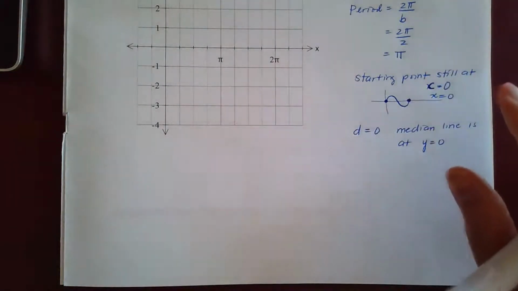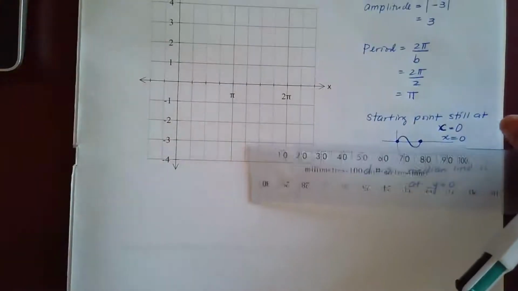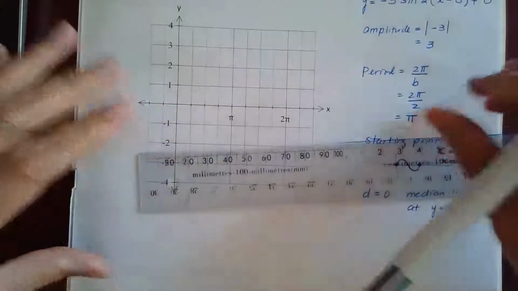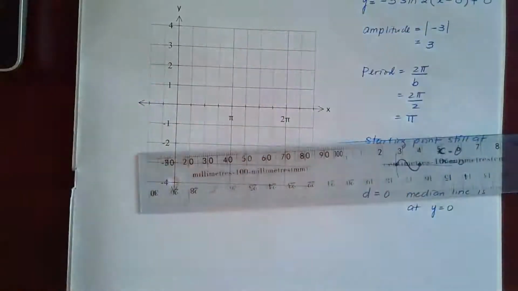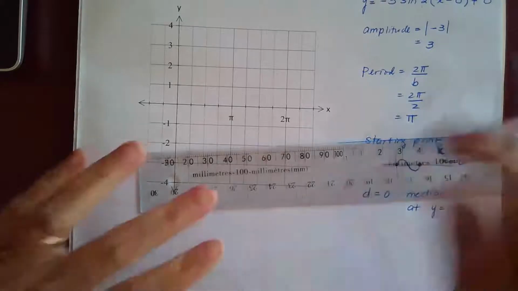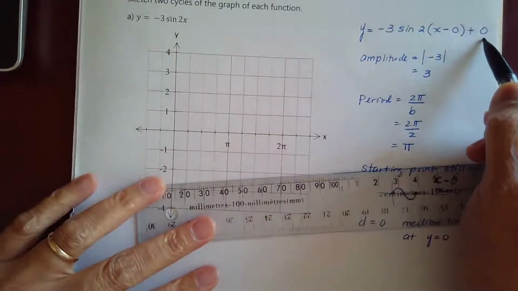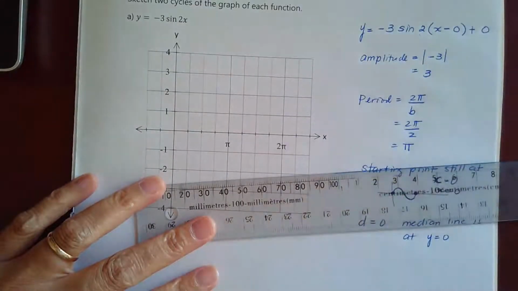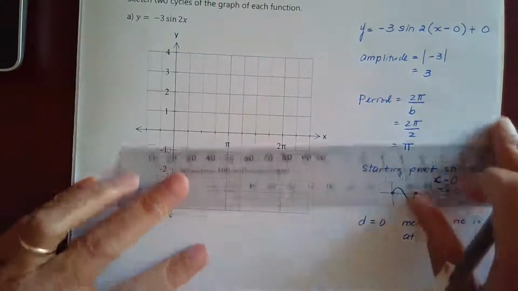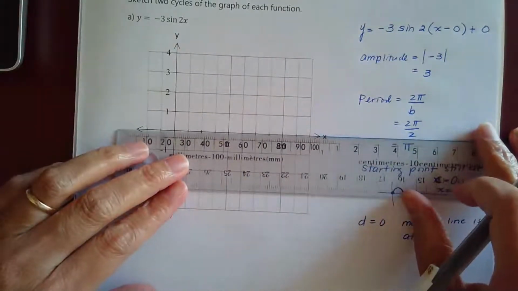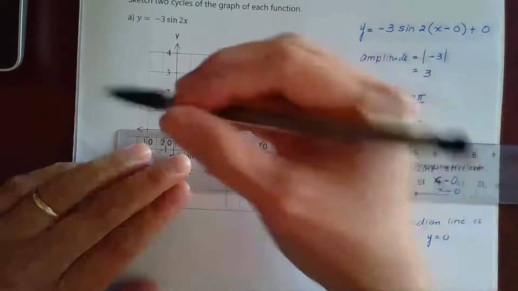What I could do, and this is what I've done before, is box out where my graph is going to be. I usually start with the d. The d tells us where the middle line is. Here's my middle line.